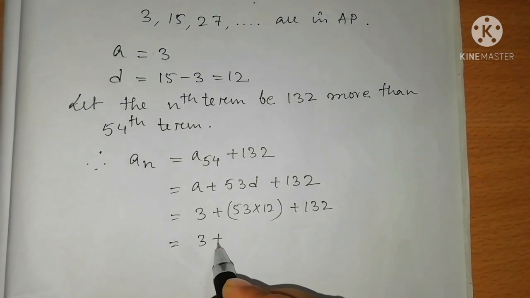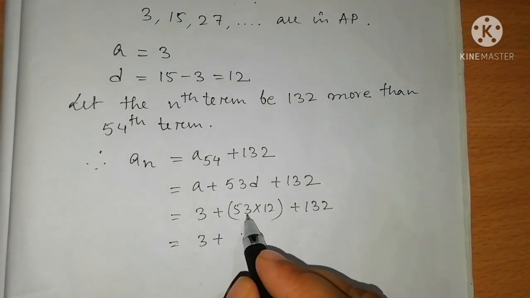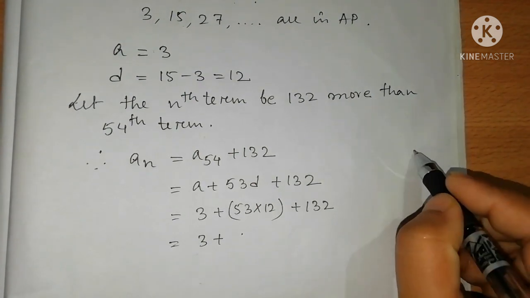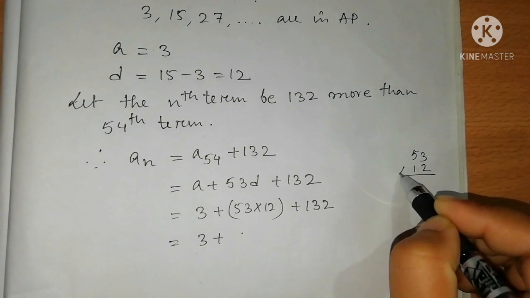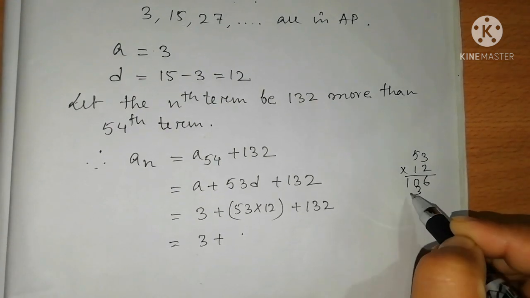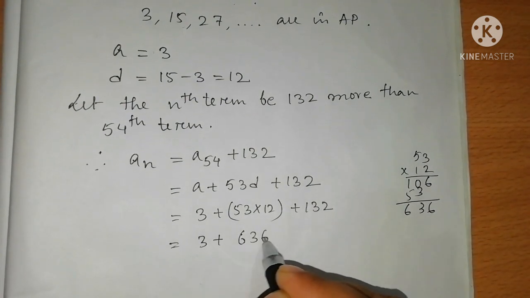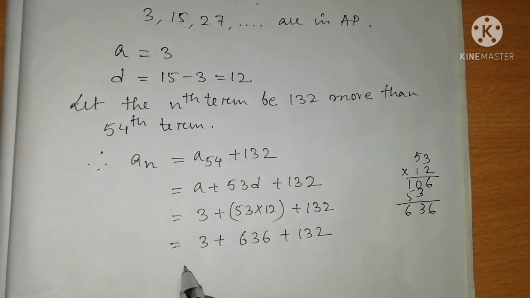So 3 plus, multiplying 53 into 12, we get 636, plus 132.